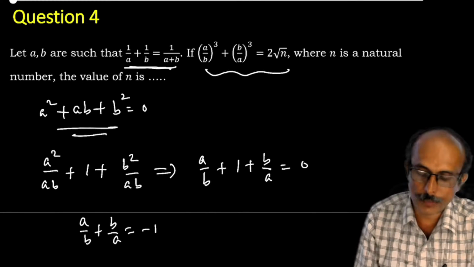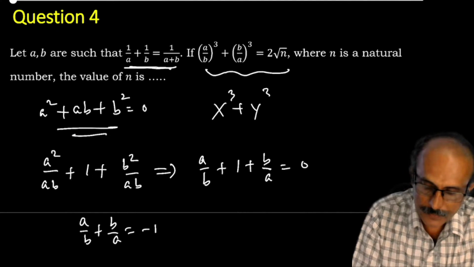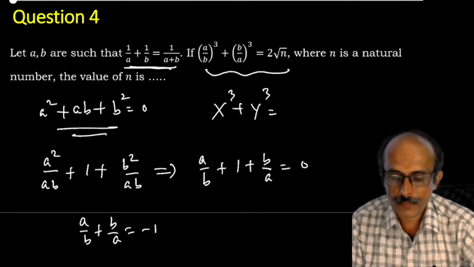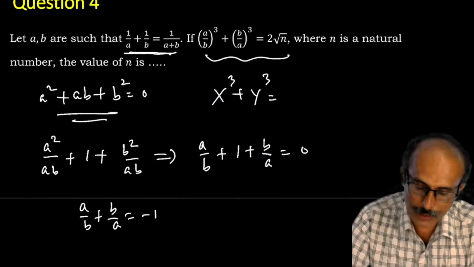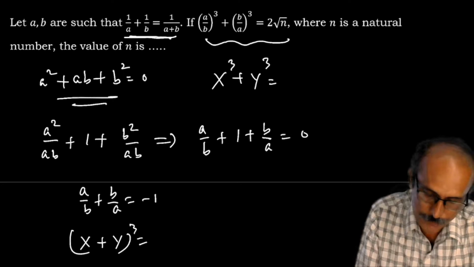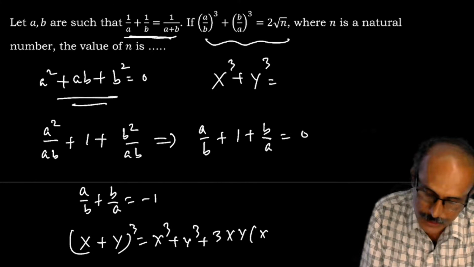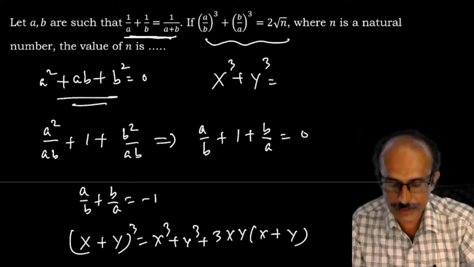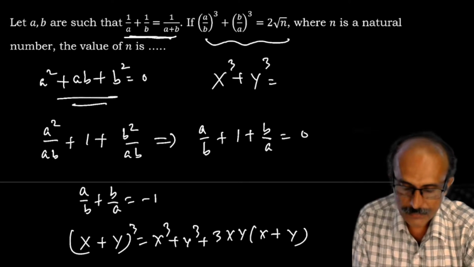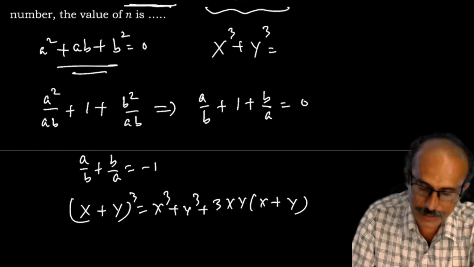So a^3 + b^3 can be obtained, so some x^3 + y^3 can be obtained, right? Is it possible to complete the solution? Yes, sir, by cubing. (x+y)^3 = x^3 + y^3 + 3xy(x+y), right? Now we can use this fact to work out x^3 + y^3.